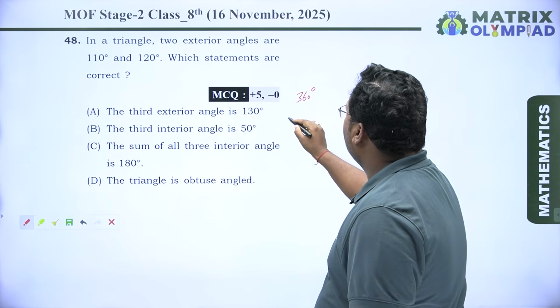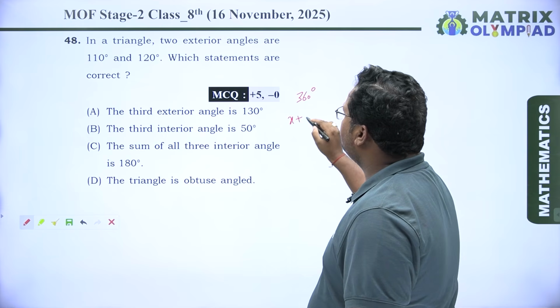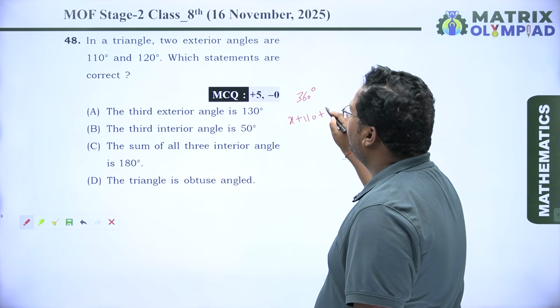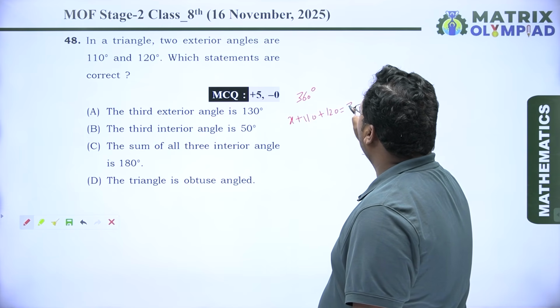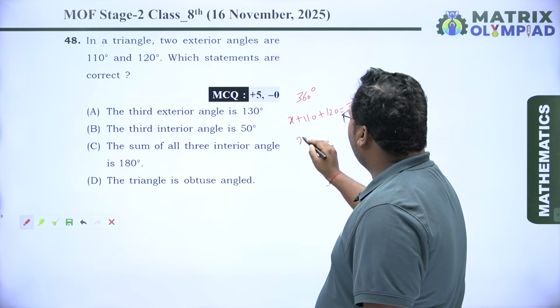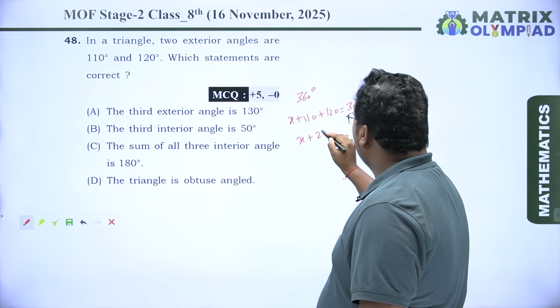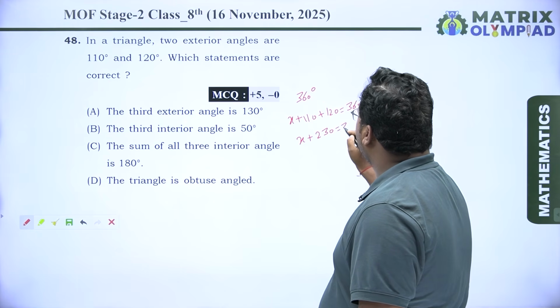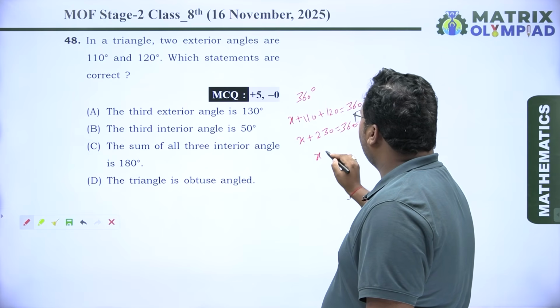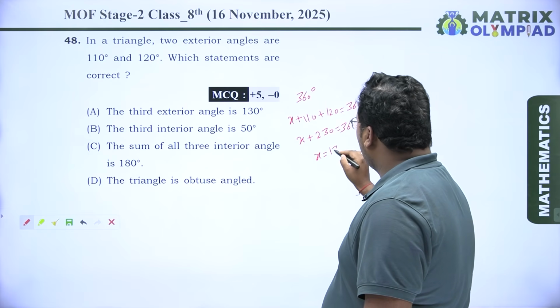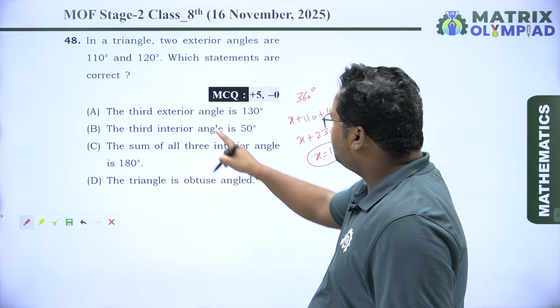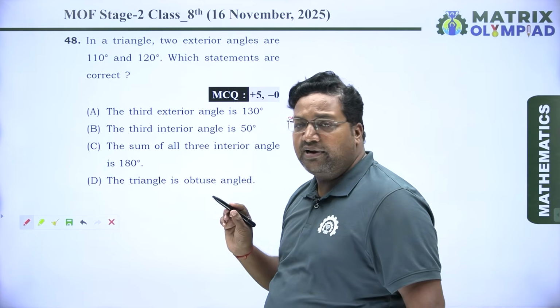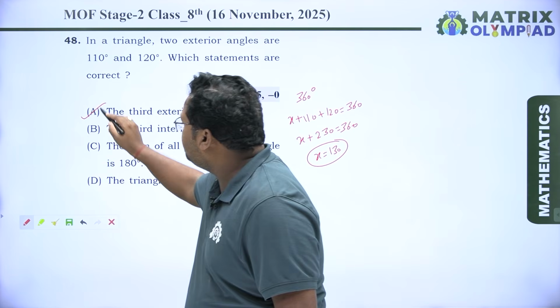So the third angle, let us assume it is x. So x plus 110 plus 120 equal to 360 degree. So x plus 230 equal to 360 degree. So the third exterior angle is 130 degree. It means option A is correct.